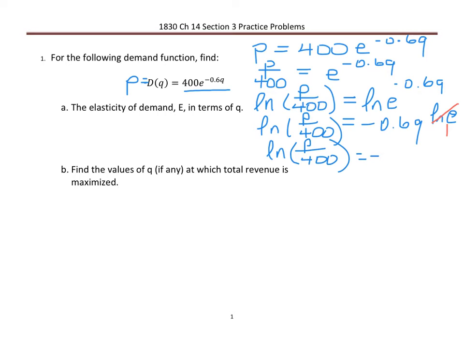And negative 6 over 10 is negative 3 over 5. And that's times q because the natural log of e is gone now. It's disappeared. And then I'm going to multiply on both sides of the equation so that I can eliminate that fraction by negative 5 over 3.